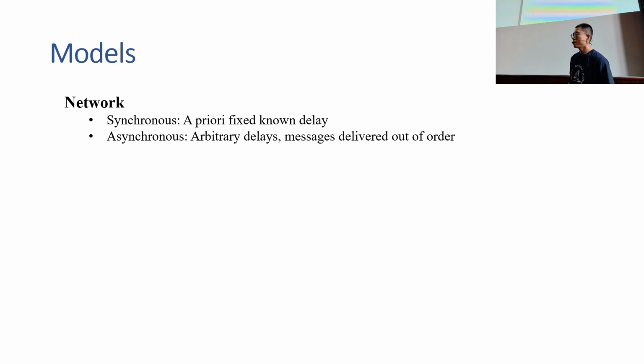So there are several different models in MPC, and the two most common models considered in networks are the synchronous setting and the asynchronous setting. Basically, whether you assume there is a fixed time bound for every message. In the asynchronous setting, every message can be arbitrarily delayed, and the delay is not known. So usually we just assume the delay is controlled by the adversary.